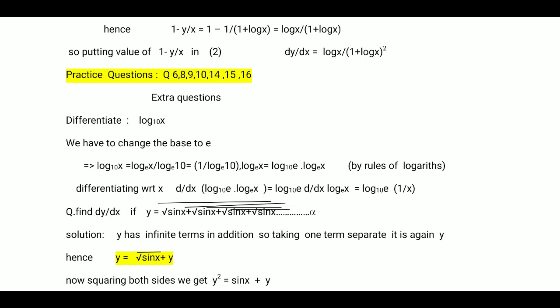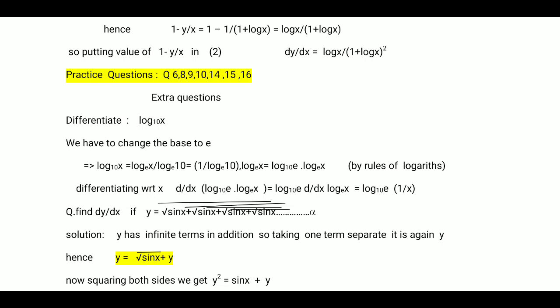Write log x upon log 10, base e in both. This log 10 base e is a constant quantity, so you can take it out: 1 upon log 10 base e into log x base e.